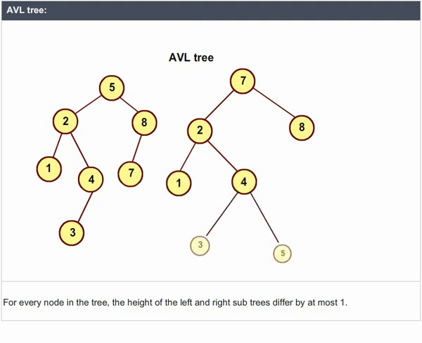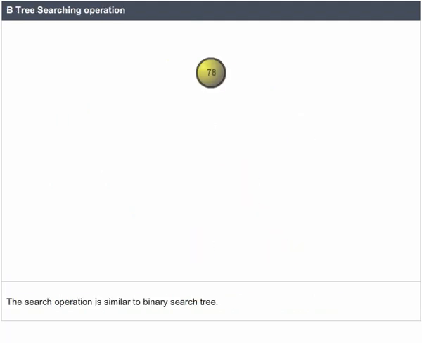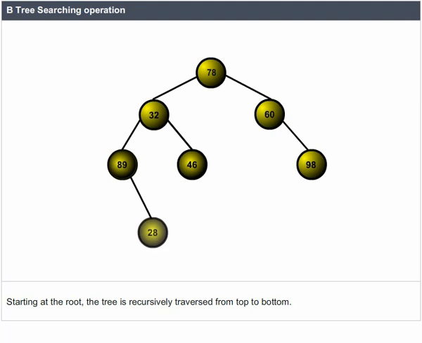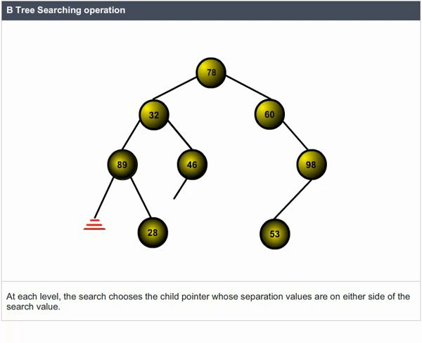B-tree searching operation. The search operation is similar to binary search tree. Starting at the root, the tree is recursively traversed from top to bottom. At each level, the search chooses the child pointer whose separation values are on either side of the search value.